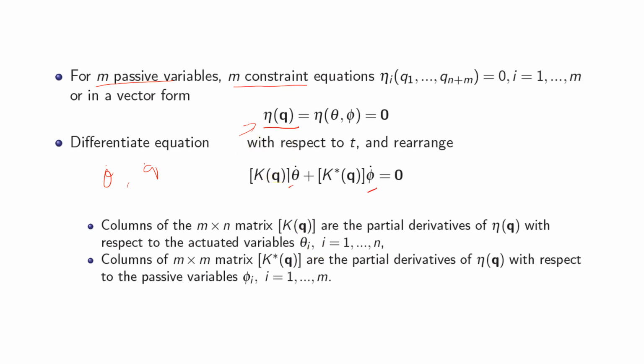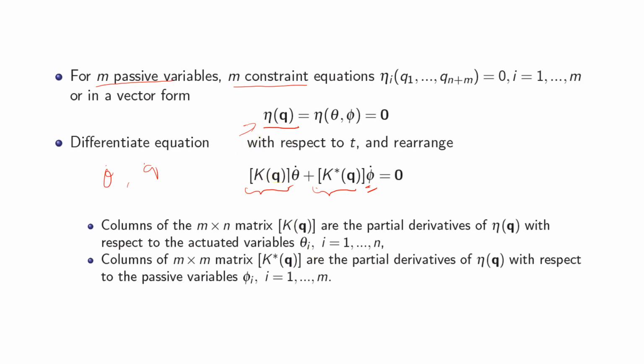Then we can reorganize all the terms containing theta dot in a matrix, which we denote as K of q, and the remaining terms in pi dot in a matrix that is denoted as K star of q. We can always do this because when we take the derivative of these constraint equations, we only get theta dot and pi dot. We will not get any other nonlinear terms in theta dot and pi dot.